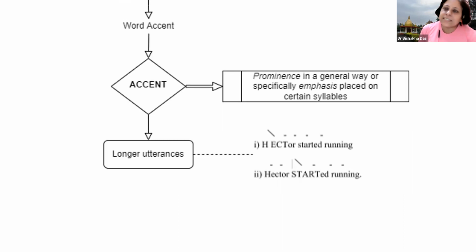The term accent is sometimes used loosely to mean stress, referring either to prominence in a general way or specifically emphasis placed on certain syllables. Now, word stress or lexical stress is sometimes called word accent.